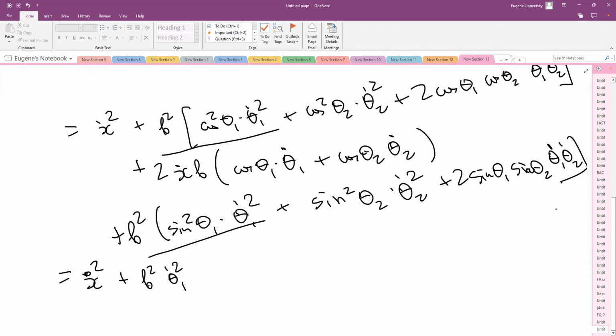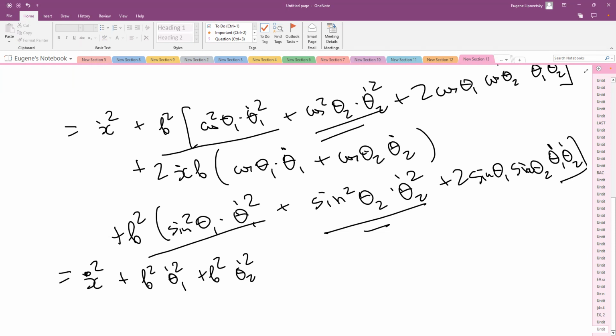But then we'll have this one and this one, plus b squared theta 2 dot squared, okay? Then we'll combine this one with this one, all right?